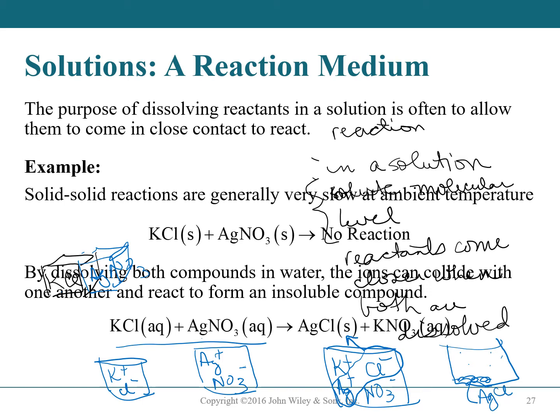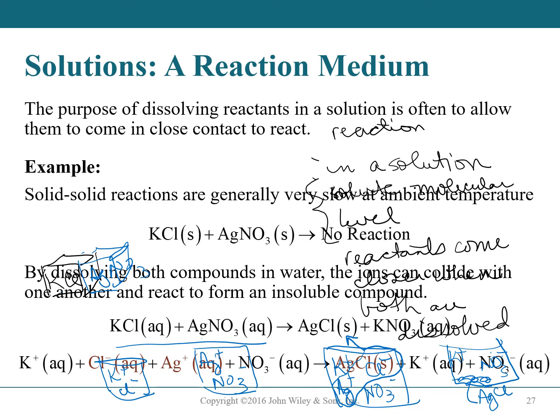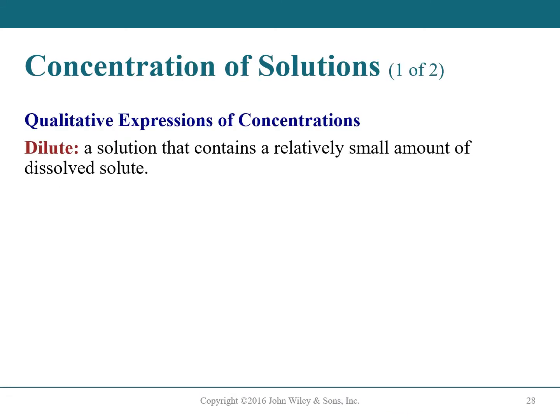The potassium nitrate, since we know it's still soluble, stays in solution as its component ions. All right, so we'll talk a little bit more about how to write those equations down. But let's talk about how we quantitate our solutions.